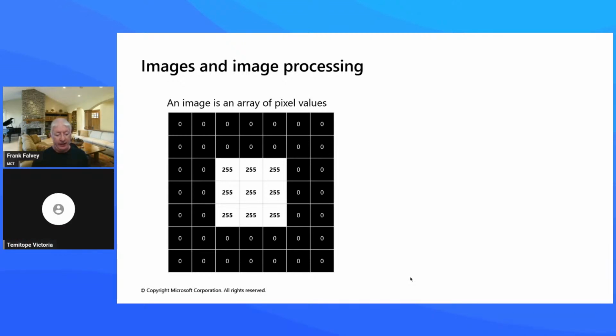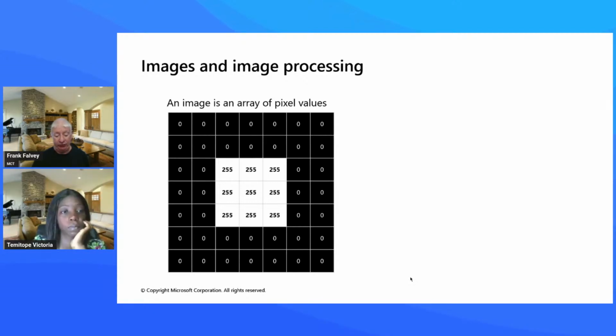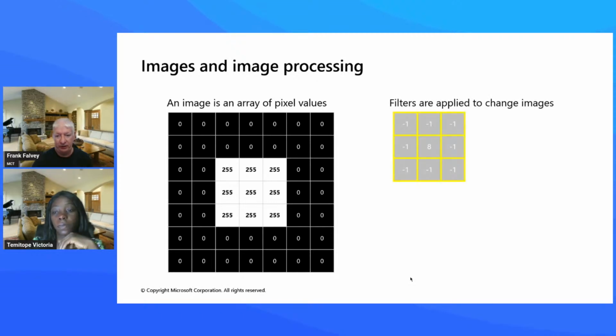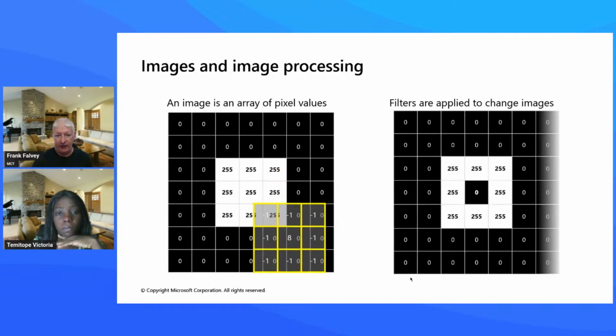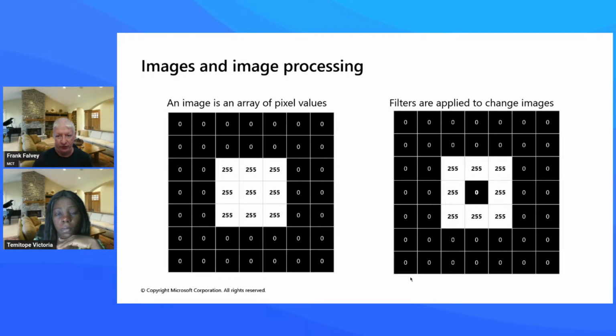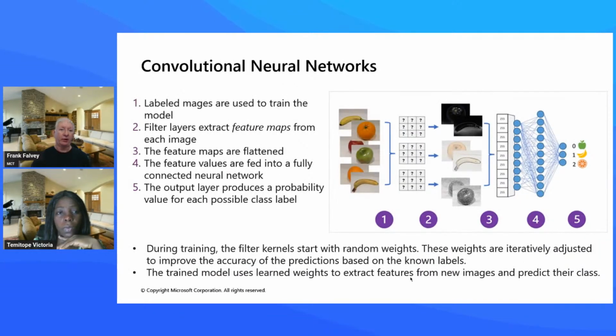The new array represents the filtered image, usually with some kind of visual effect. In this case, a filter named Laplace filter is being used to highlight the edges of shapes in the original image. That's only to show you what it actually is like. These are the filters that they use to scan through the image. So that's how they actually work.